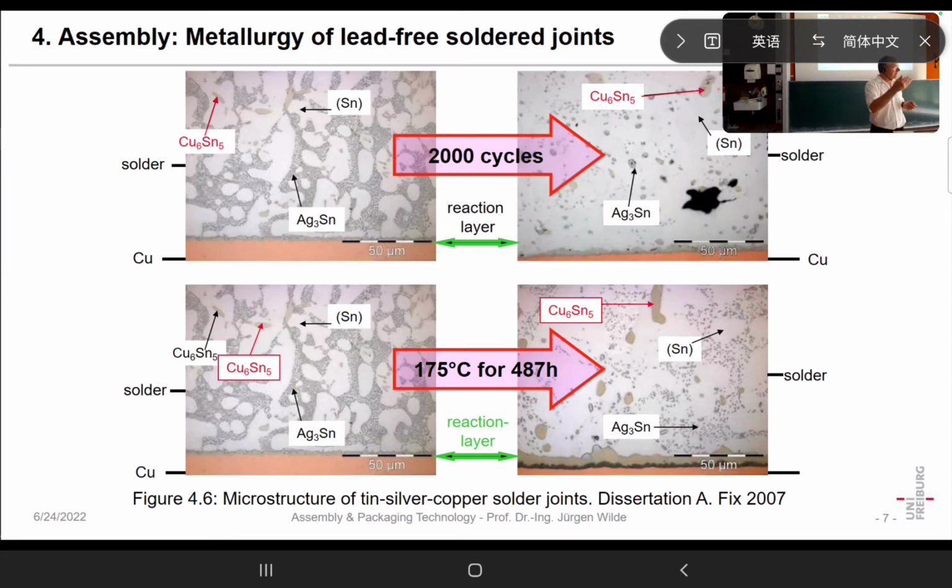When you would cut it and look at a microsection, it's always the same steel. It's the same with the engine of your car, or with the copper winding in an electrical motor, or with the wing of an aircraft.